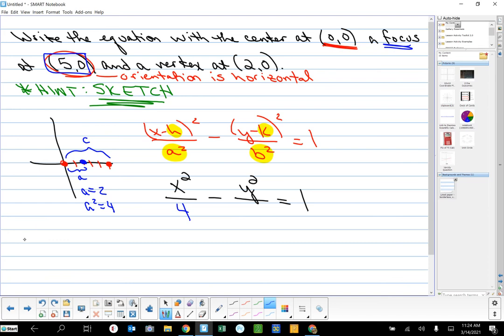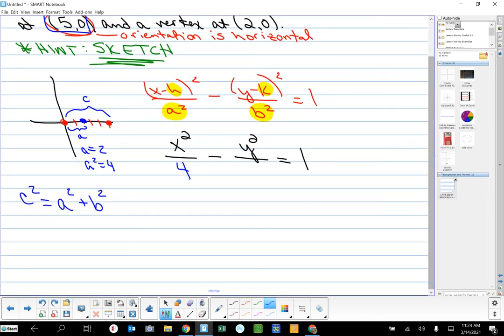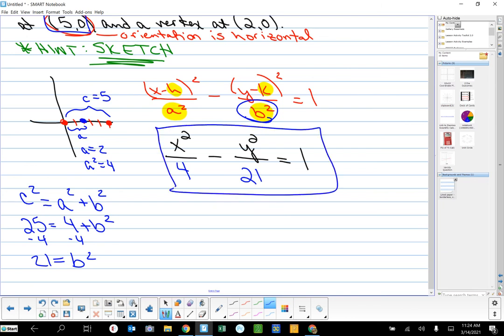And then we had this formula, c squared equals a squared plus b squared for a hyperbola, not a squared minus b squared. That was for an ellipse. Well, I know c is 5, right? So c squared is 25 equals 4 plus b squared. So I subtract off 4, so 21 equals b squared. And that can go here. So this is the equation of the hyperbola given that information.